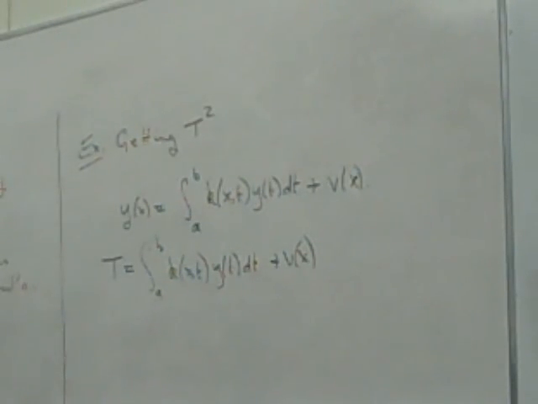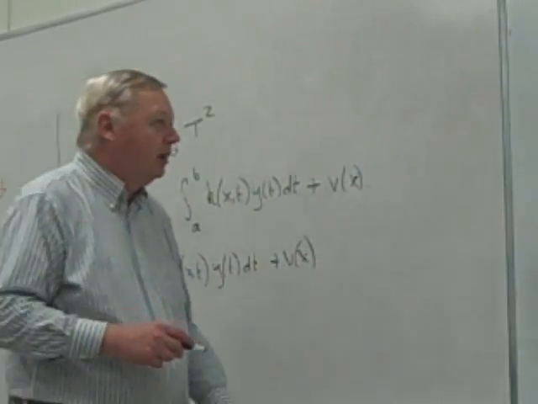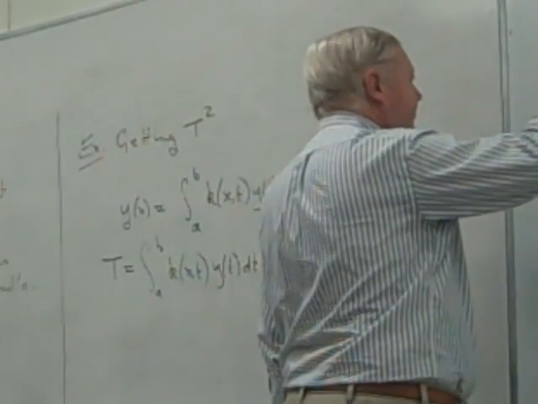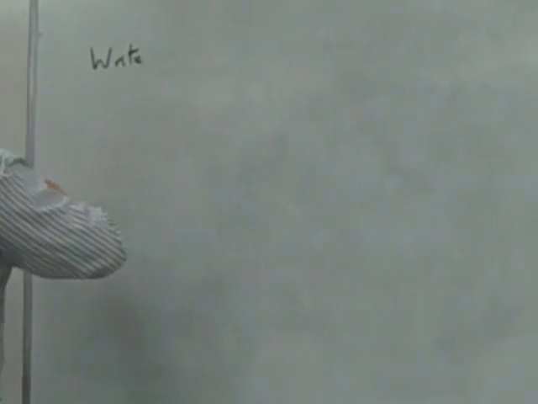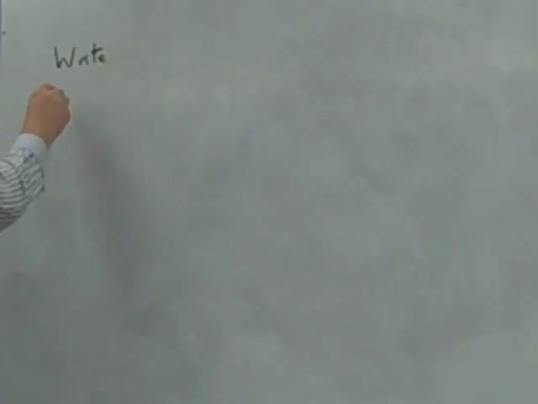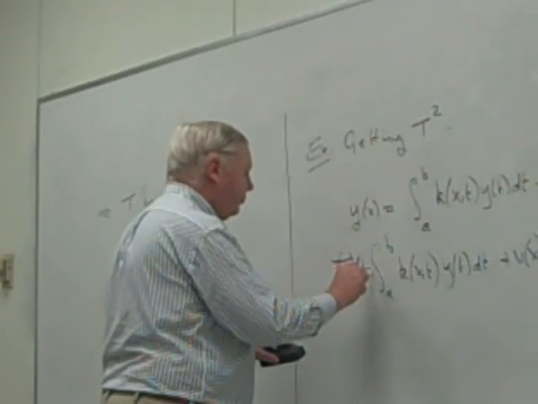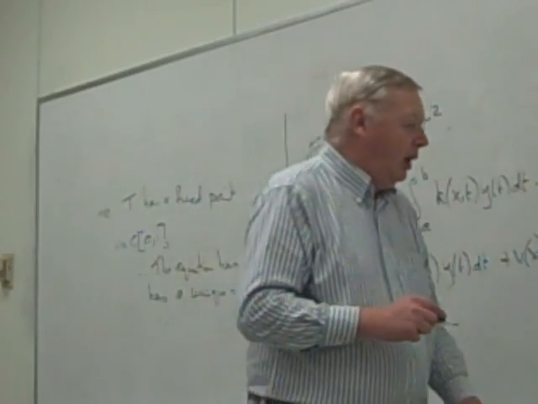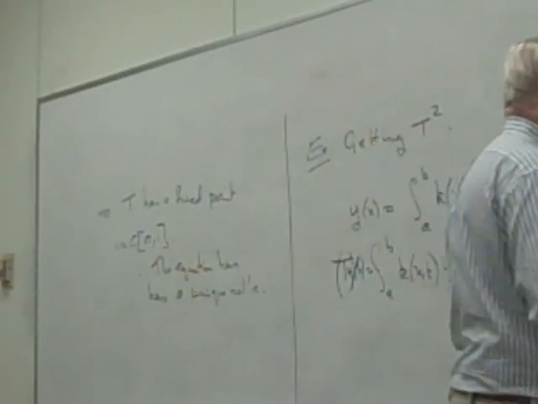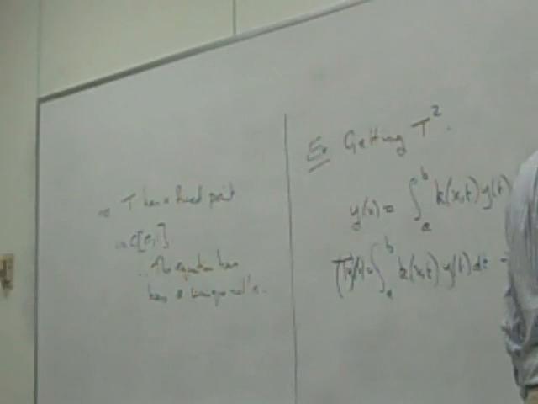But what we can do here is let us write T of y at x. Let's use a different symbol, and let's write S of a function phi evaluated at x is just the integral part.